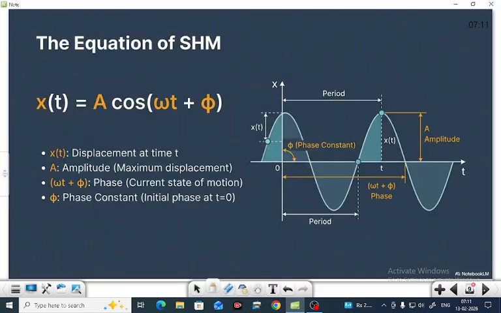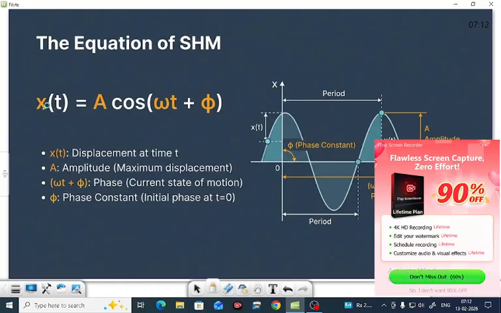The equation of SHM can be found out by x(t) is equal to a cos(omega t plus phi). So this displacement x is dependent on time.